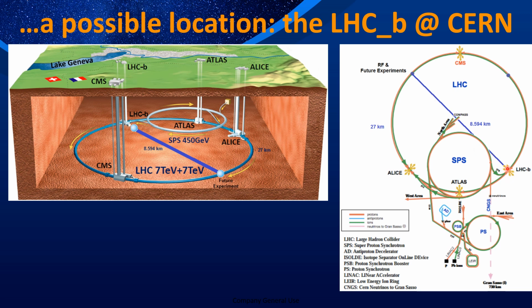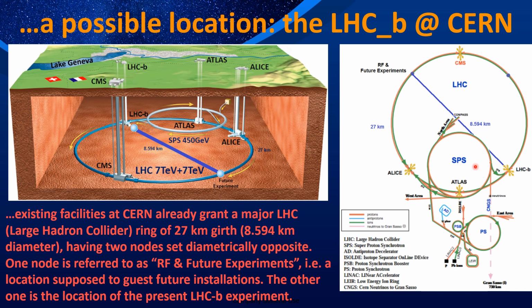The other one is the experiment LHC-b itself. This facility has a ring of 27 kilometers girth, corresponding to a possible interaction length of the GEM experiment of 8,594 kilometers, based on these 2 nodes.